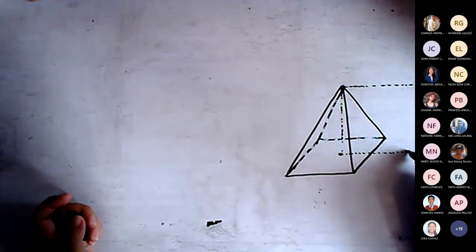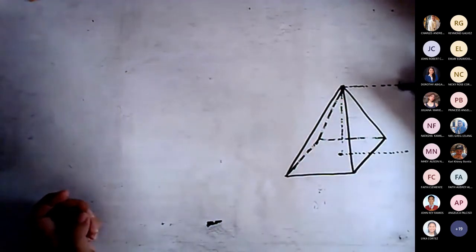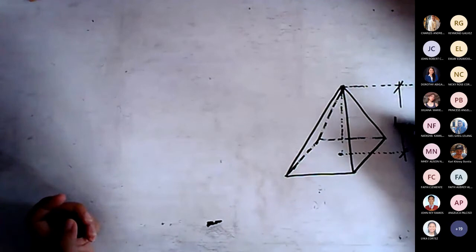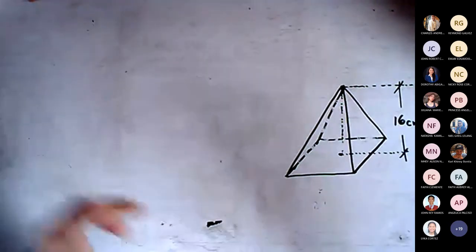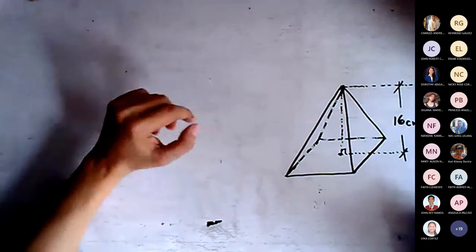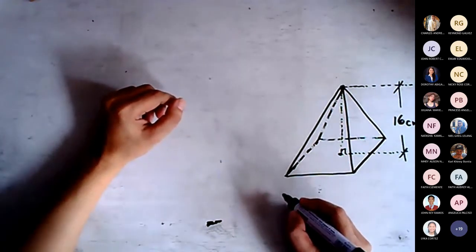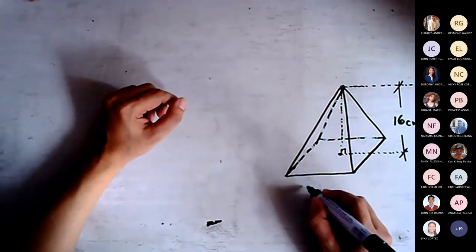I am drawing not to scale, huh? So this is what you call as the height. That is 16 centimeter according to the problem. And one of the sides of the base is 24 centimeter. So that means this is 24 centimeter.